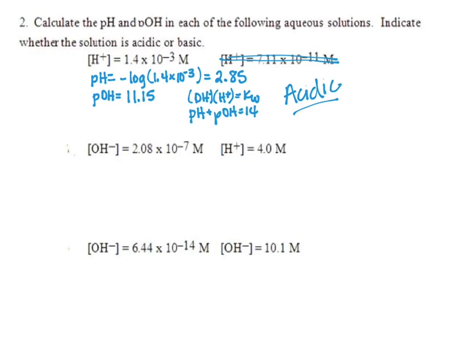Okay. Now, what about the next one? OH minus. We want 2.08 times 10 to the minus 7. Get me pH and pOH.